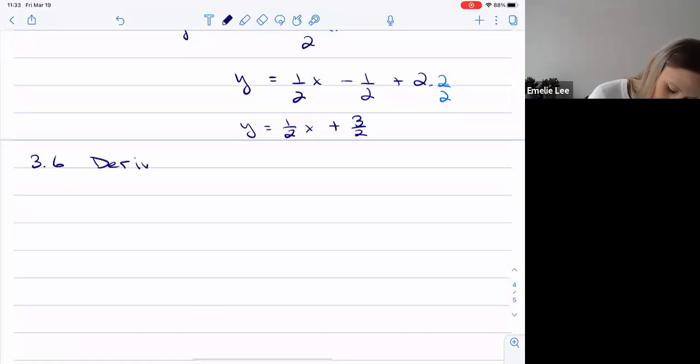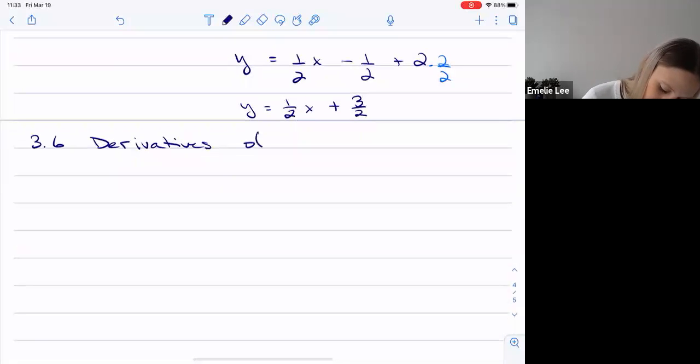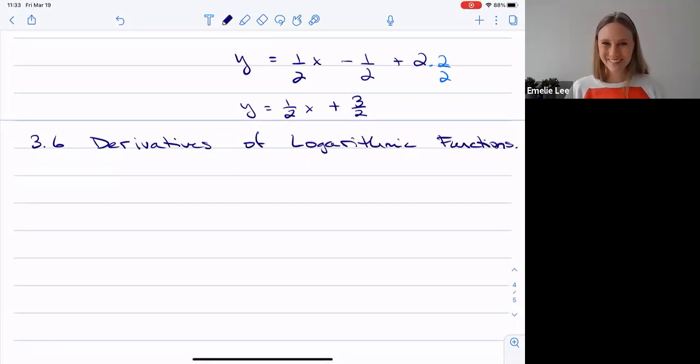So let's do derivatives of logarithmic functions. Way easier to just say logs.